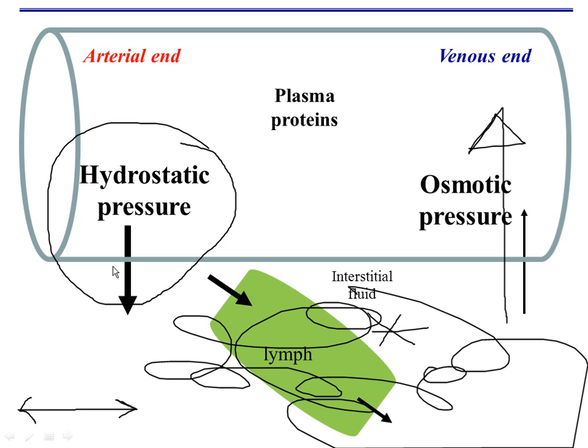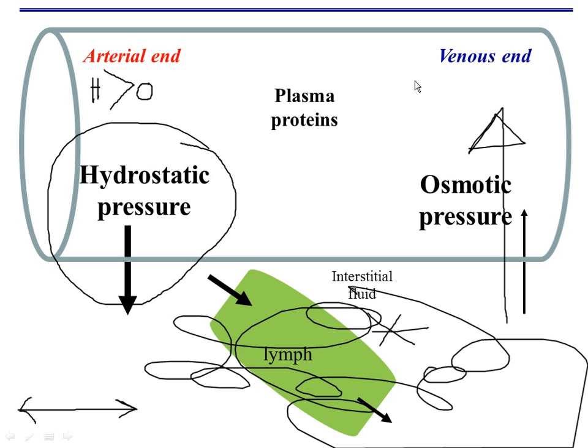But hydrostatic pressure does. So at the arterial end, hydrostatic pressure, the pressure of that blood coming in, is greater than osmotic. That means the pressure pushing out is bigger than the pressure pushing back in, so fluid leaves the capillary.